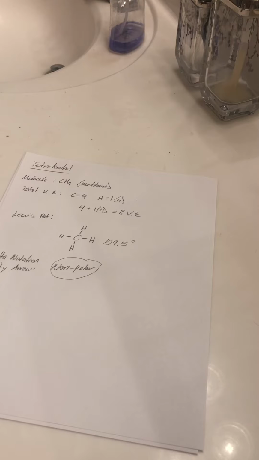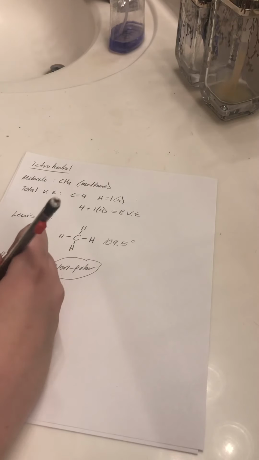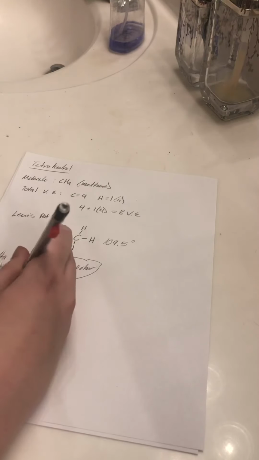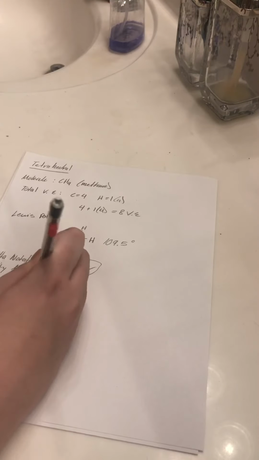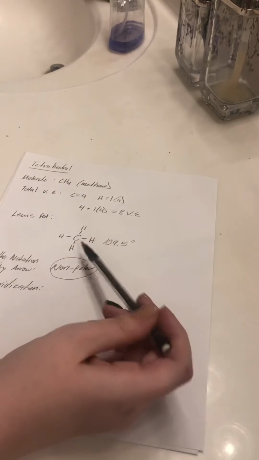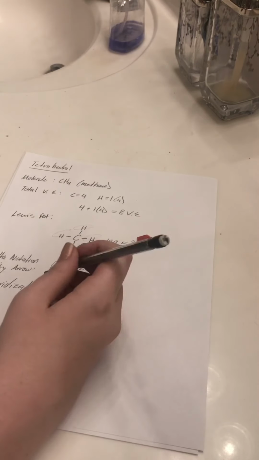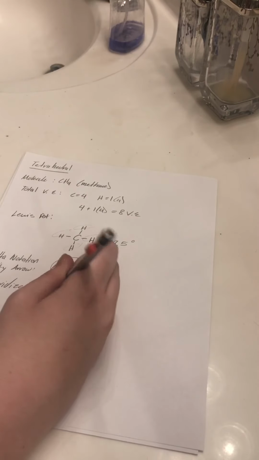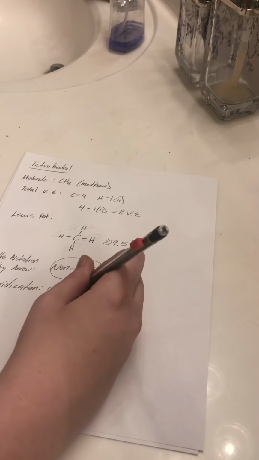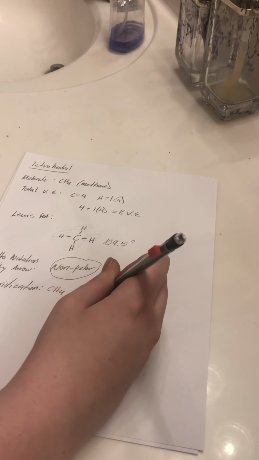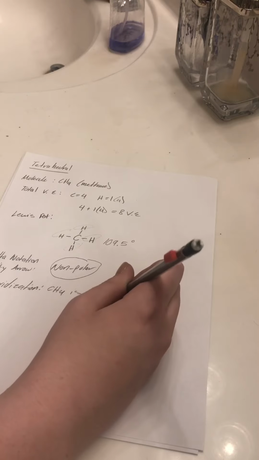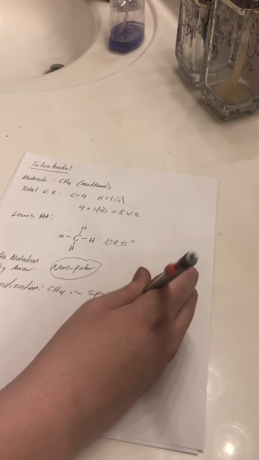And then for the hybridization, there's going to be 4 electron domains. 1, 2, 3, 4. So this means CH4 is sp3 hybridized.